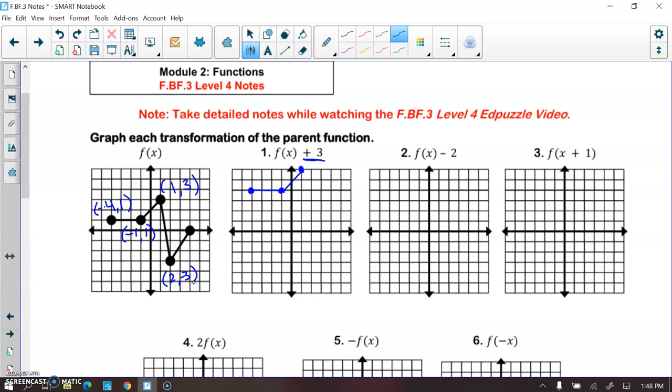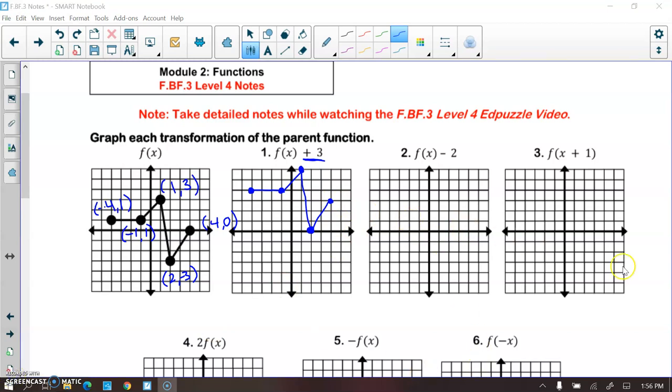So starting at the point 2, -3 on my new graph, I'm going to move that up 3 points. So this is my next point. And then finally my last point, which is the point 4, 0, I'm going to start at 4, 0 on my new graph and then move up 3 points. And this is what your graph looks like when you translate it up 3 units.